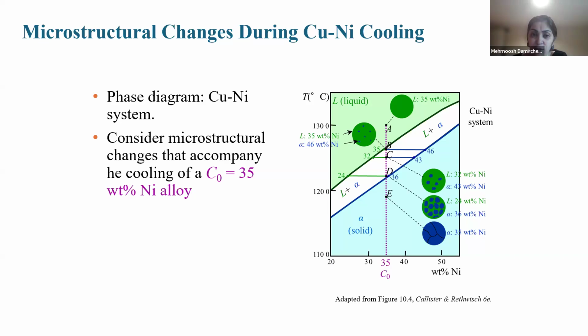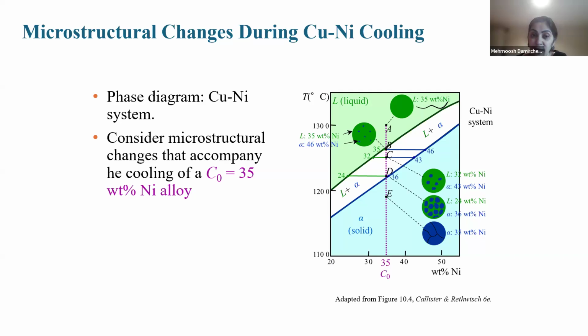You see the dark blue dots or spots here. These dark blue dots are the solid phase, that is alpha phase. When we are in liquid, the composition weight percent of the liquid and the overall are equal, and you see it is 35 weight percent.